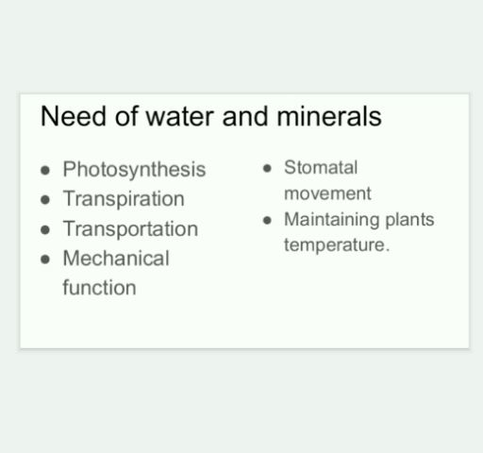Turgidity is a condition when the cell is filled full of water, it becomes stiff. That condition of the cell is known as turgidity. It occurs with the help of absorption of water. And the stomatal movement: this water is controlling the opening and closing of stomata.